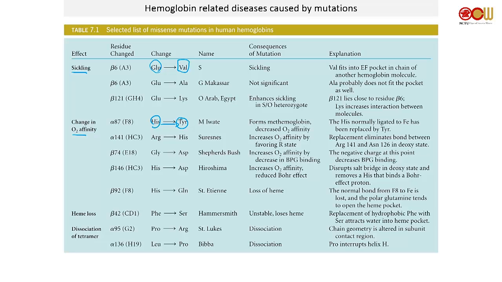Related to hemoglobin, you have cell sickling, you have change in O2 affinity, you can have heme loss. Heme loss is very serious because if you lose the heme, your protein is dead. Okay, your hemoglobin is dead. Or you have dissociation of the tetramer. That's kind of sad because then the thing becomes like a myoglobin.